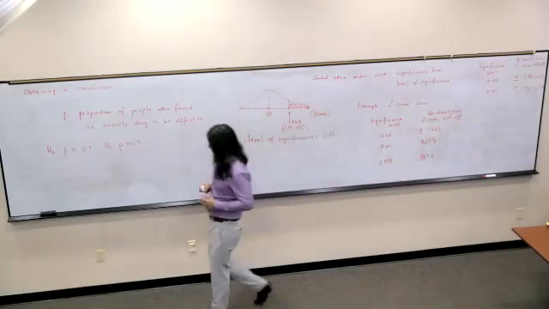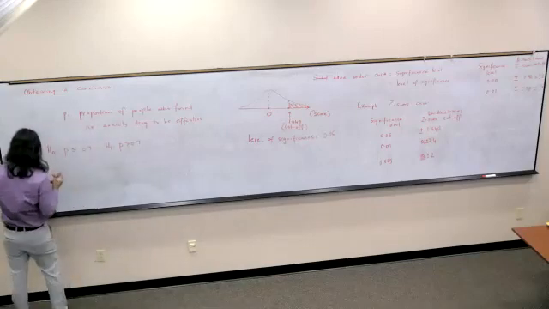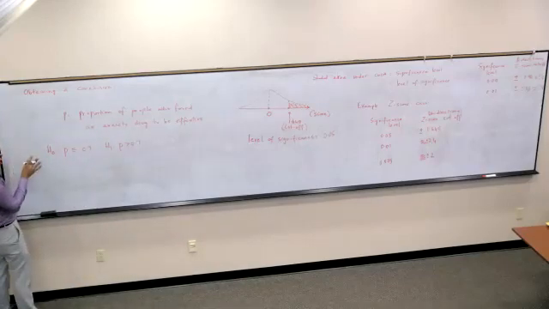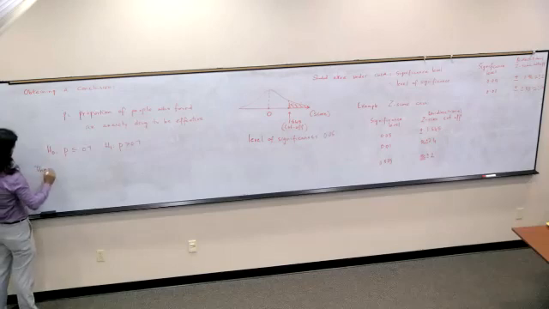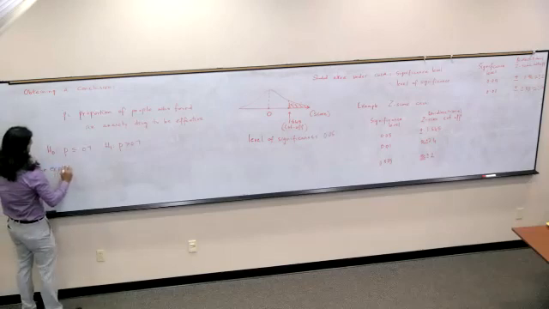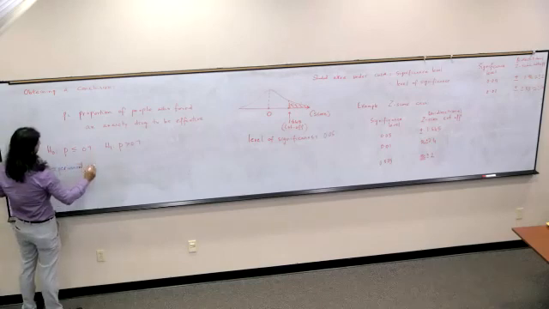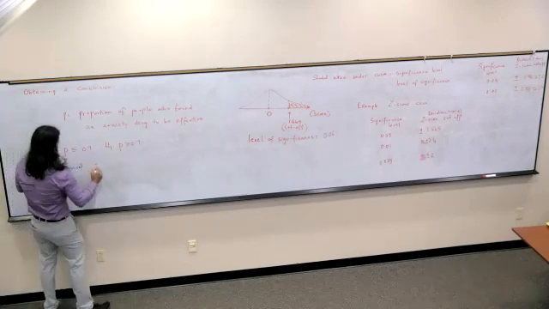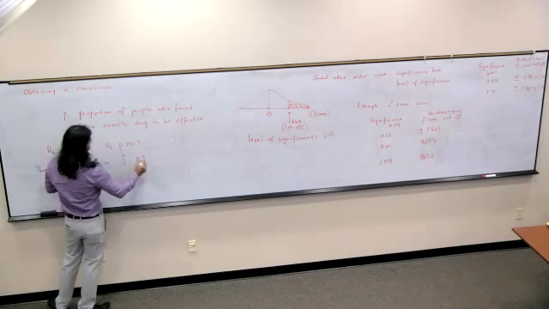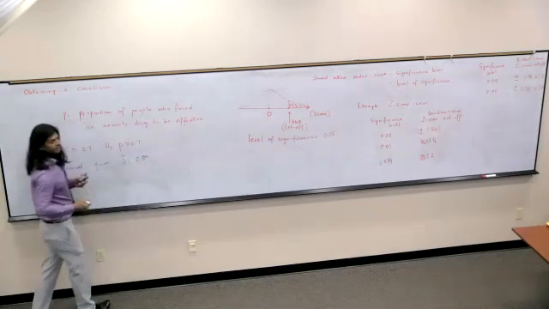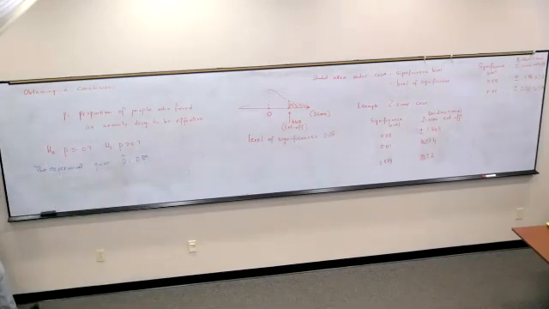Now, same example. This time we have the definition, we have the hypothesis. I'm going to tell you, let's say the experiment gave us P hat. P hat is the sample proportion.